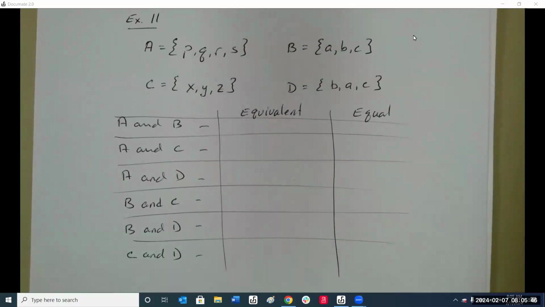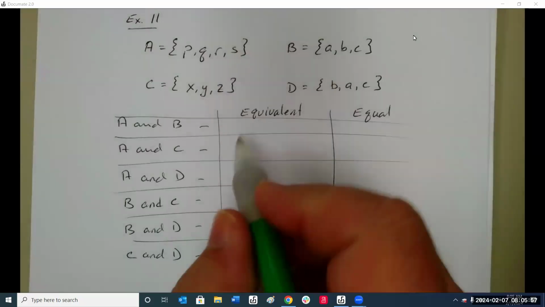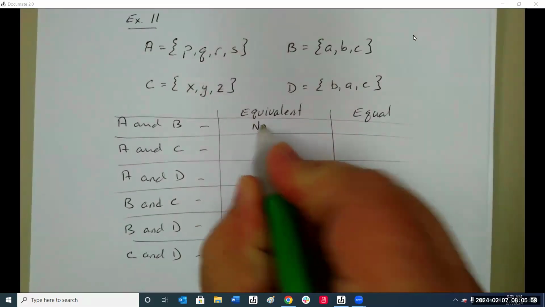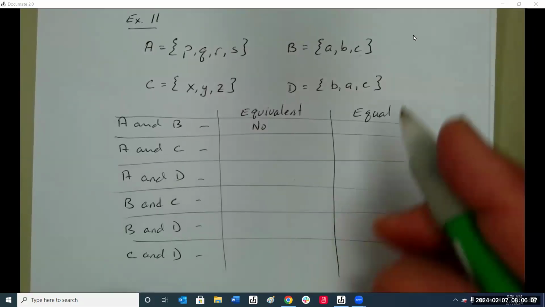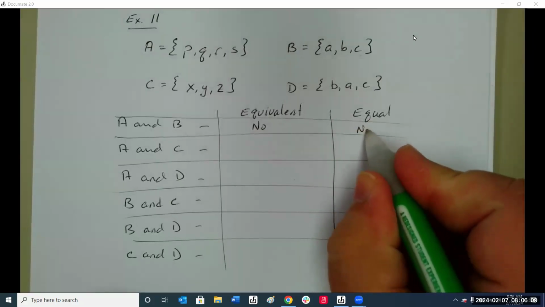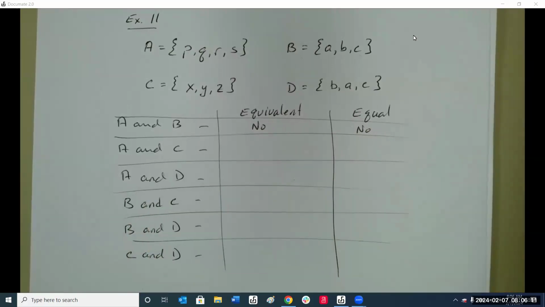Are sets A and B equivalent? Why not? Very good. They have different number of values, and they're different types of values. Are they equal? For the same reason, no. How about A and C?